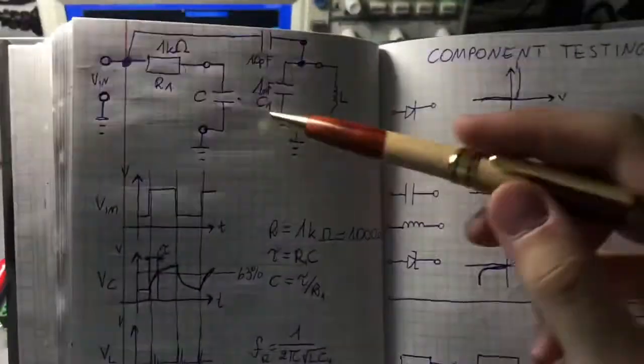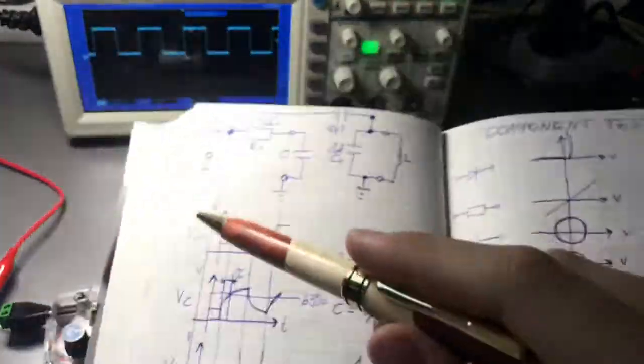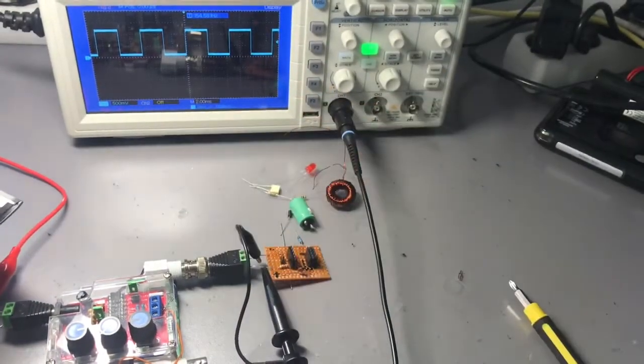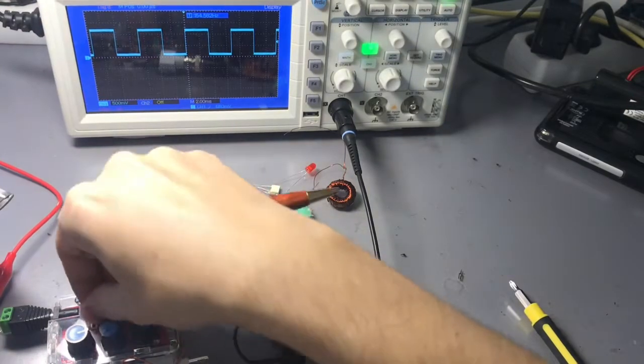A bit of theory before. We input our signal, which in our case is a square wave. I will lower the frequency of it a bit.